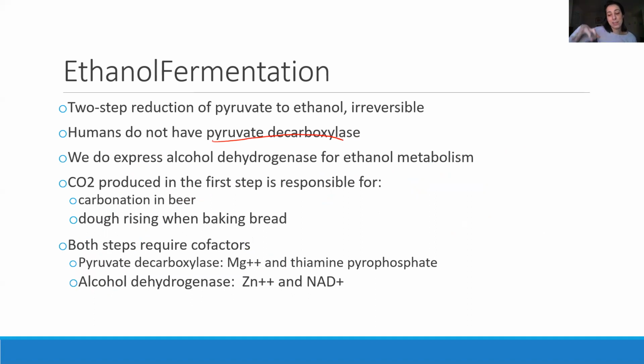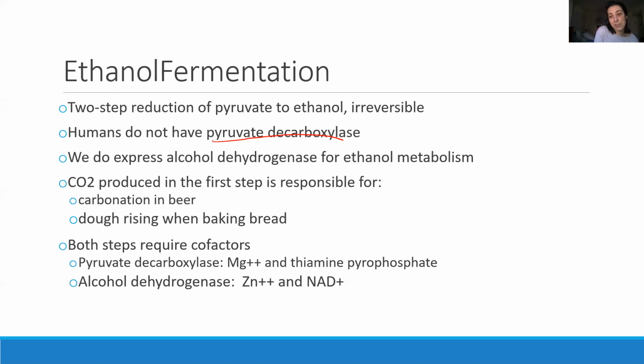We can use that second enzyme, alcohol dehydrogenase, to metabolize ethanol in our bodies. So interesting note, we only have half of those. Humans, again, are going to rely on lactic acid fermentation using LDH, remember, to do our fermentation for pyruvate.